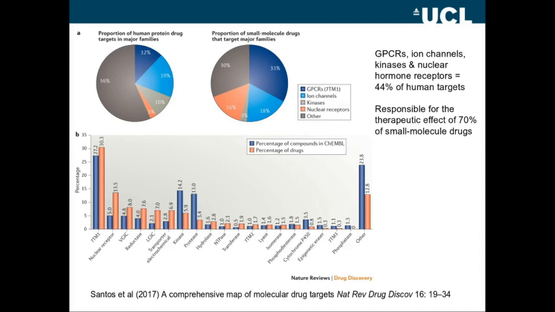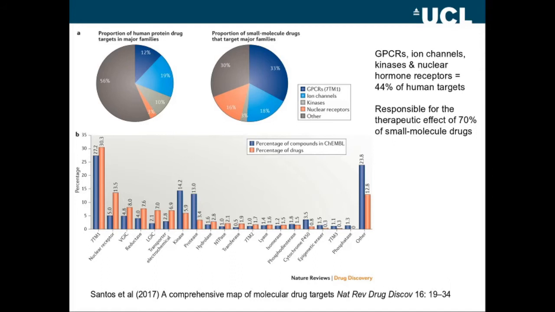You should also have found this analysis, which is quite interesting, because the pie chart at the top left shows you the distribution of the major families of proteins that are common drug targets, and on the right the number of small molecule drugs that target these families.